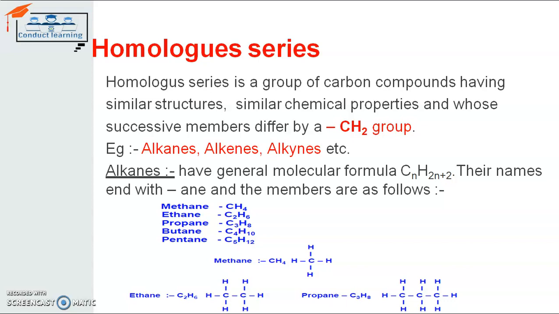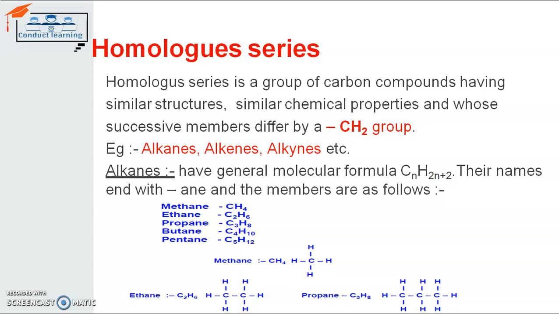So homologous series are series where the carbon compounds are almost similar in their structure and in their chemical properties. The meaning of chemical and physical property you will know because you have learned that in the ninth class also.